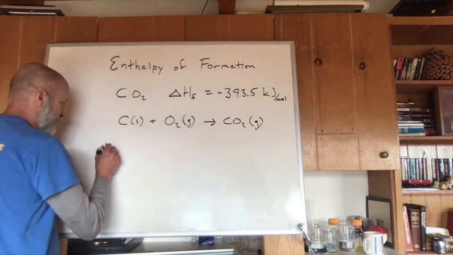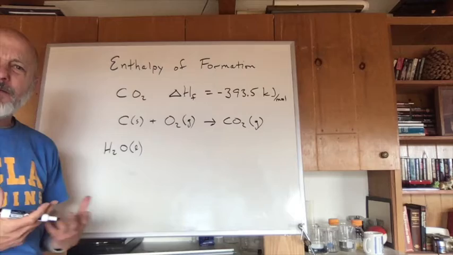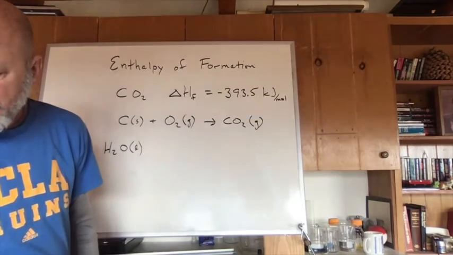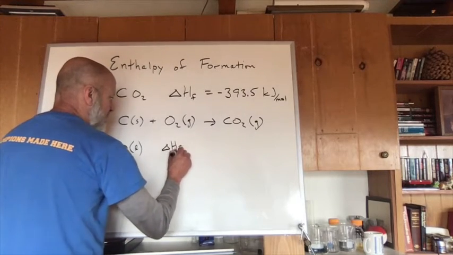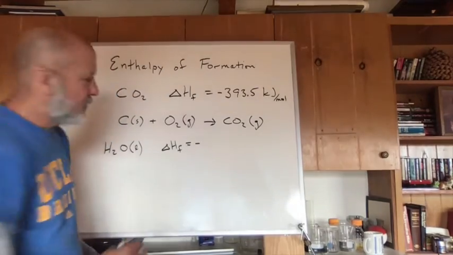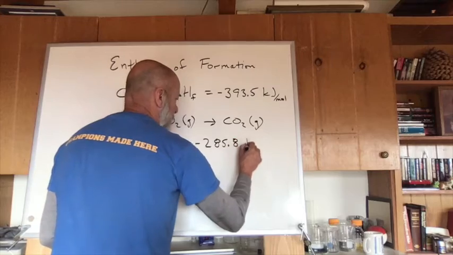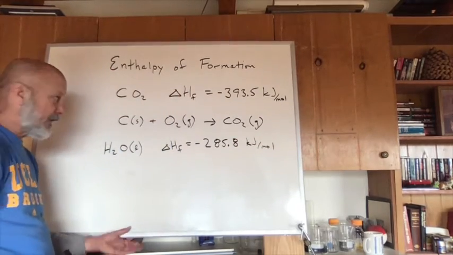Let's do 2 more. What about H2O, liquid state? How stable is water? It seems pretty stable because water is everywhere. So I look it up in the tables. Negative 285.8 kilojoules per mole. How would I write that? That's per mole.